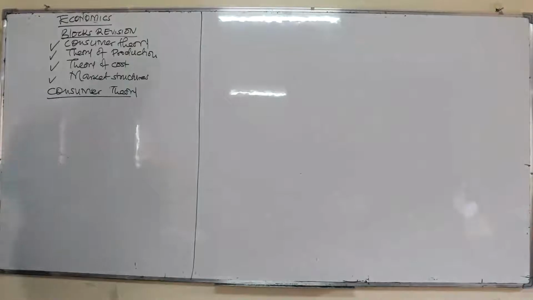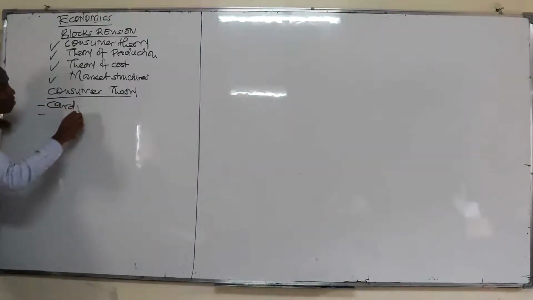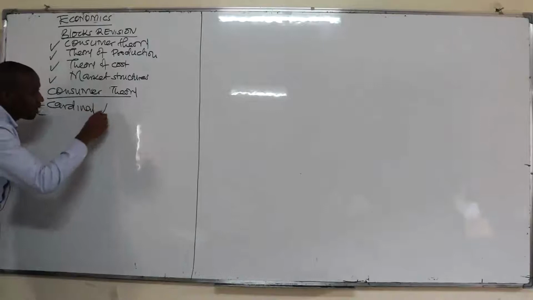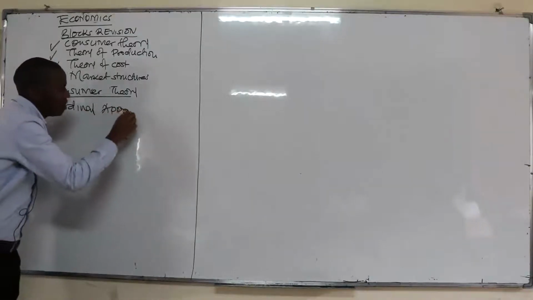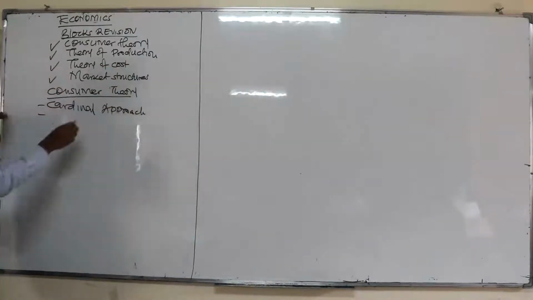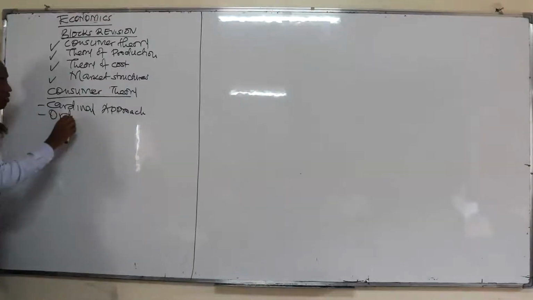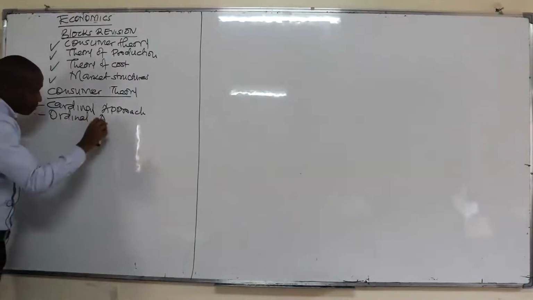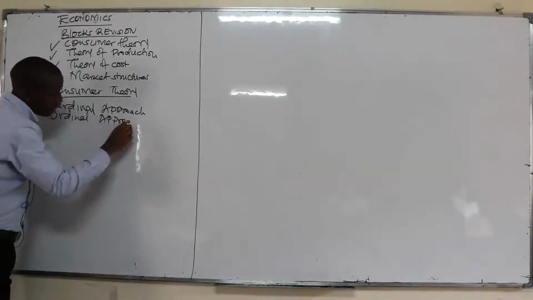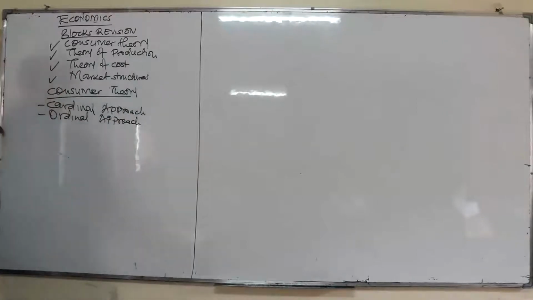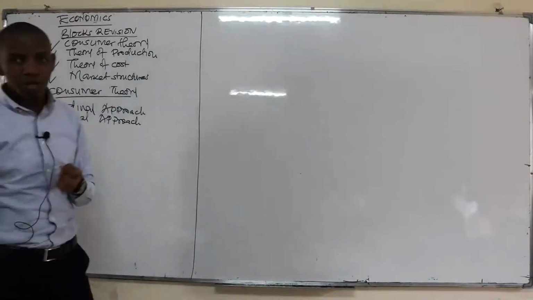On the consumer theory, there are normally two approaches that we use. Number one, the cardinal approach, which is the cardinalist, and then we have the ordinal approach. Those are the approaches that are normally used to explain consumer behavior.